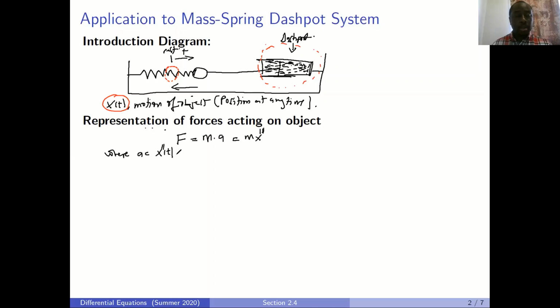Now this force here is the sum total of all the forces that are acting on this mass, this object, right? We call this the resultant force. Okay, so we want to take a survey of all the forces that are at play here, right? Of course, the first force that is very important in this motion is the spring force.